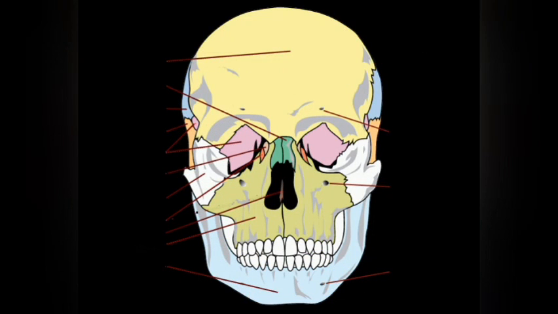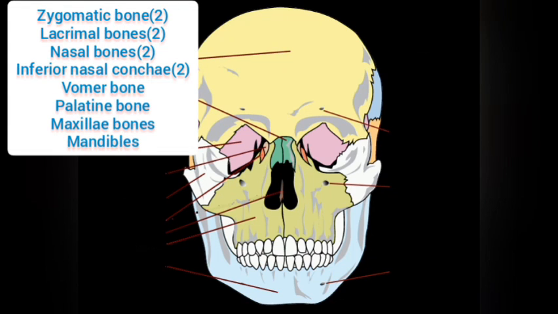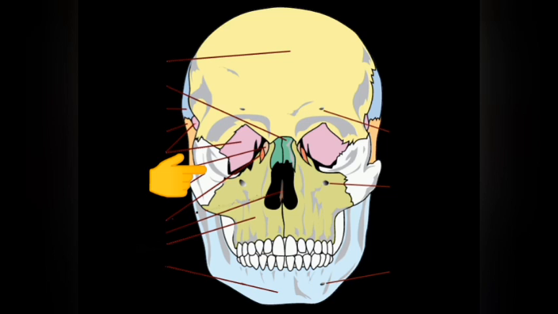Now we're moving into the bones that make up the visceral cranium, which is the bones of the face. And what are they? The bones of the face are: the zygomatic bone, which is the bone found at the cheek.